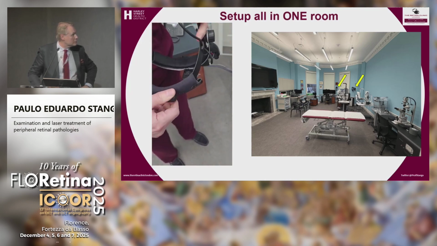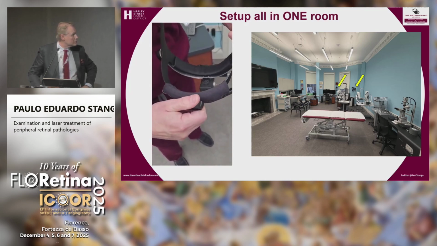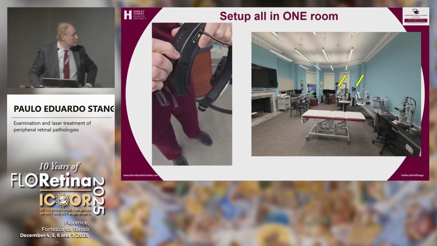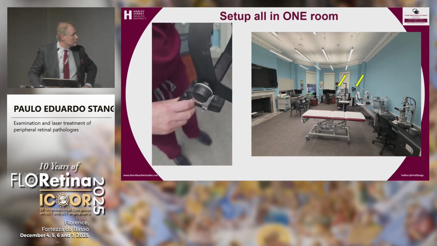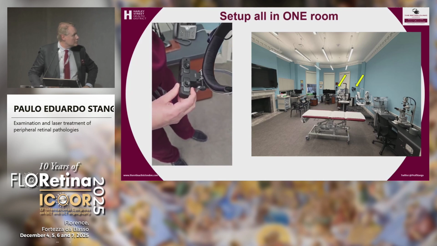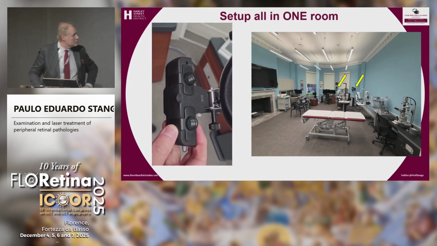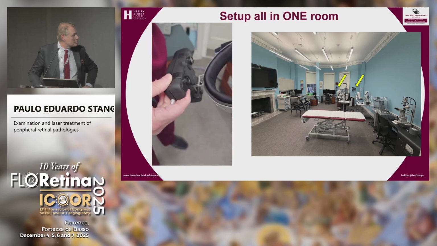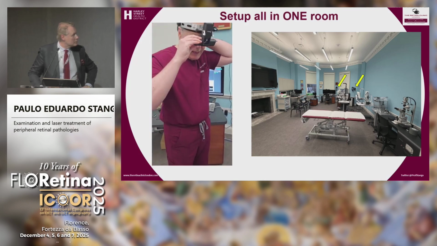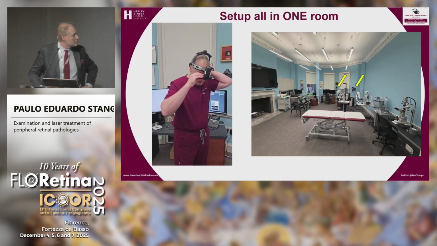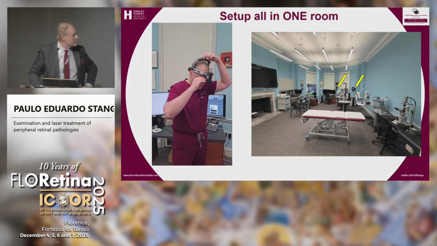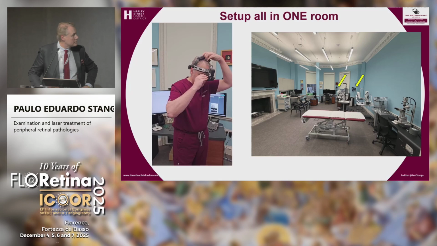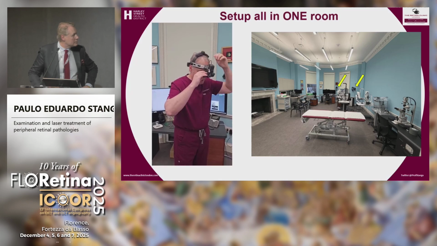You can change the length of the straps, of course, and you can modify the interpupillary distance. Okay, so I mount the scope on my head, I adjust the back strap and then the top strap, so it's securely positioned and it doesn't wobble on my head.